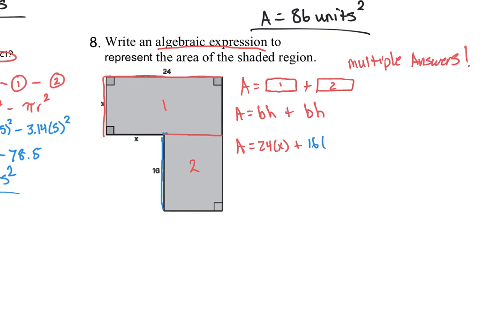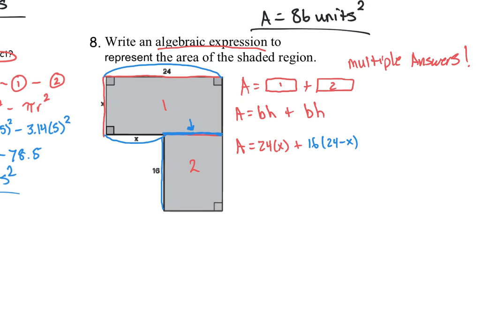The base is the tricky part. The base here, see in blue. Well, we know that all of this is 24, and we know that from here to here is x. So to find this piece here, which we don't know, we would take 24 and subtract x. So 24 minus x would be the base of that rectangle.